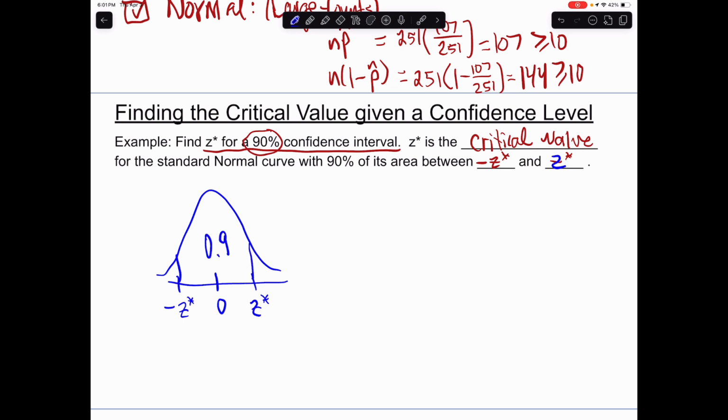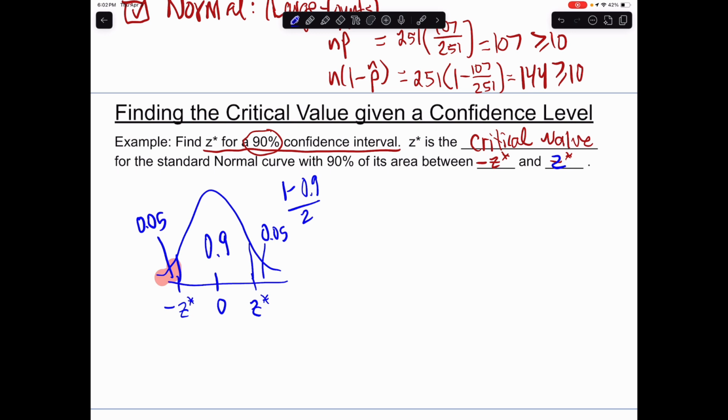So we put 0.9 here, and then we take 0.9, subtract it from 1, and divide by 2. What that's doing is finding this little area right here, because it's the excess, cut in half, because there are 2 tails. That amount is 5%, and so is this one too.